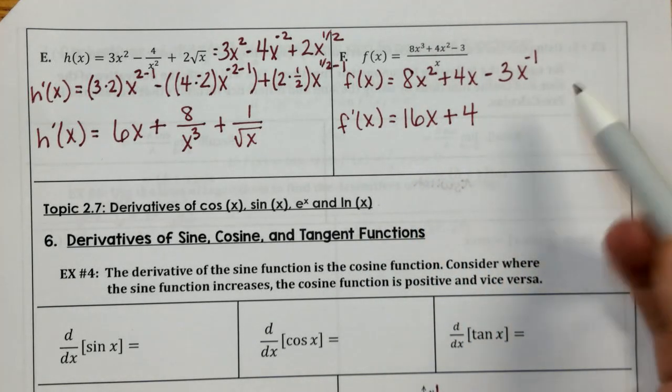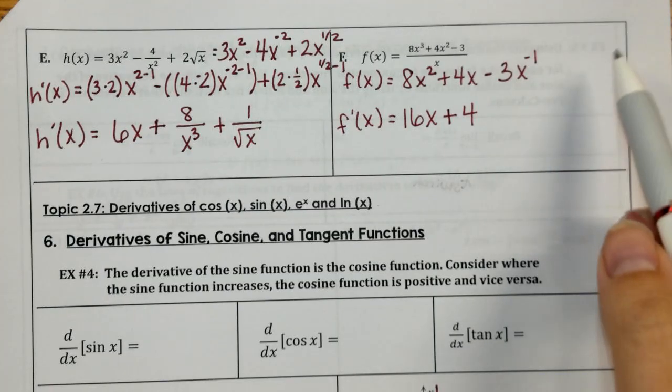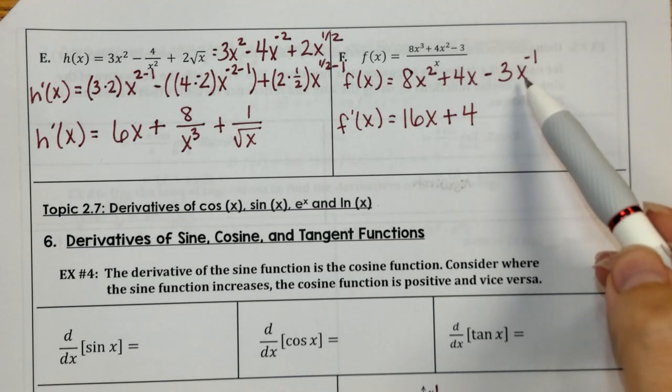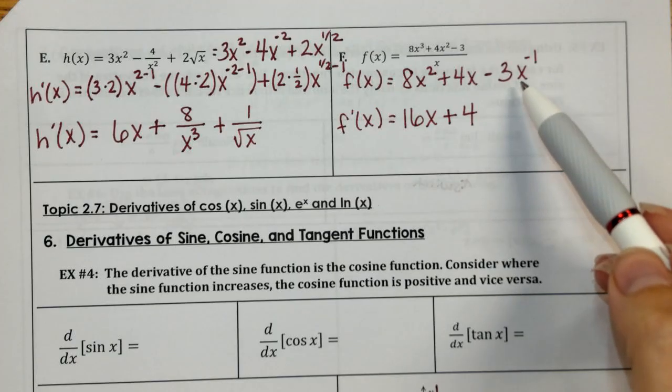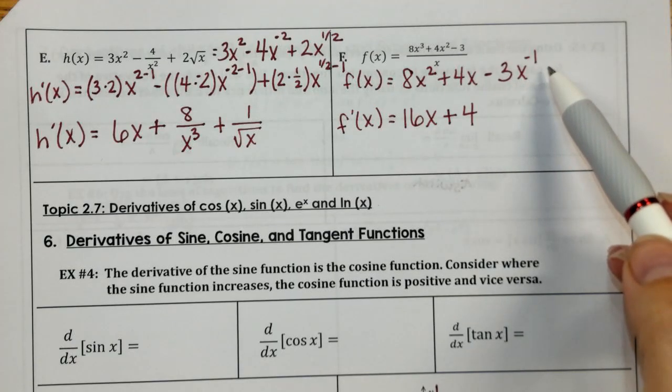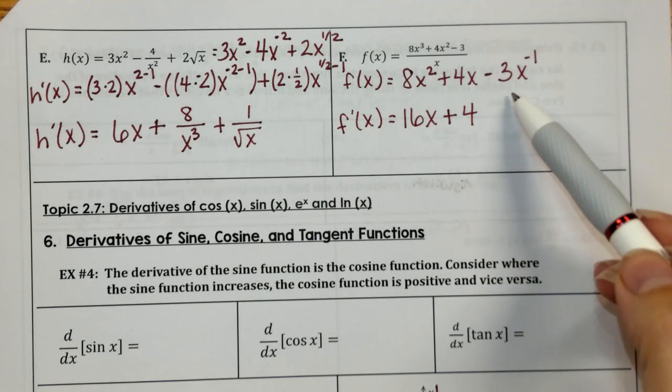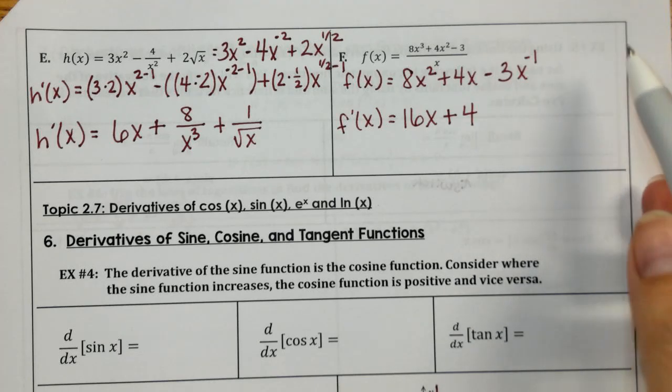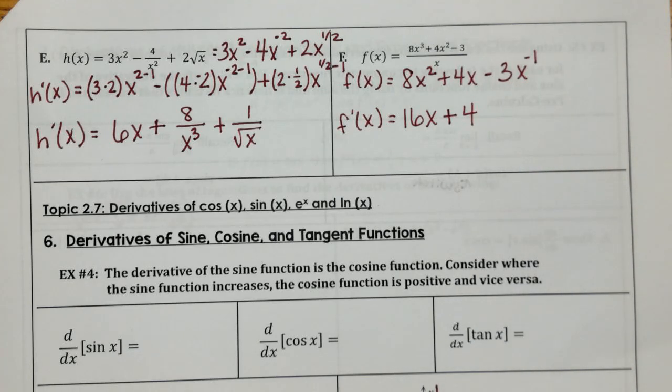Okay. And then my very last one, I'm subtracting. Well, actually, let's just do this. So I have 3, a times n, which is 3 times negative 1. So this is coming out to, what's 3 times negative 1? Negative 3, and we have a subtraction, so this is now positive, okay?